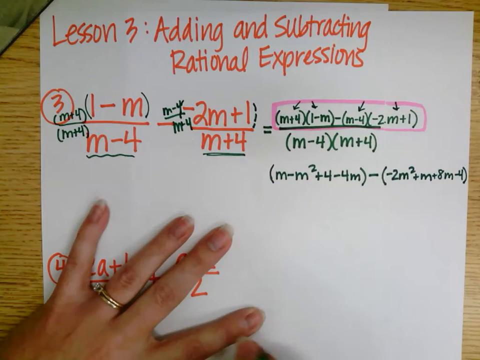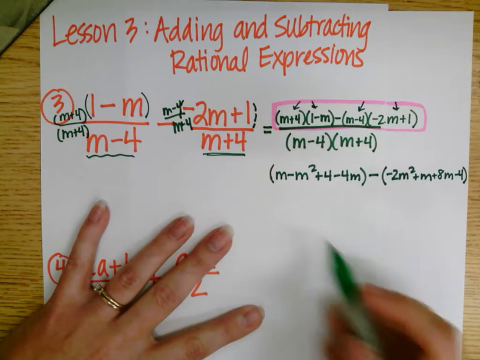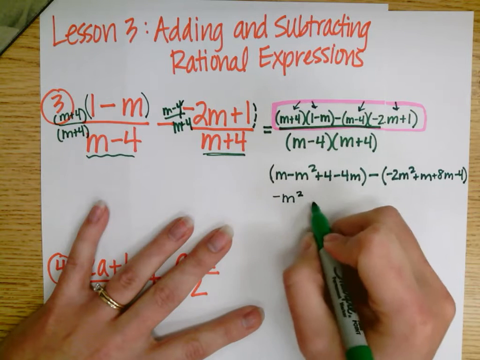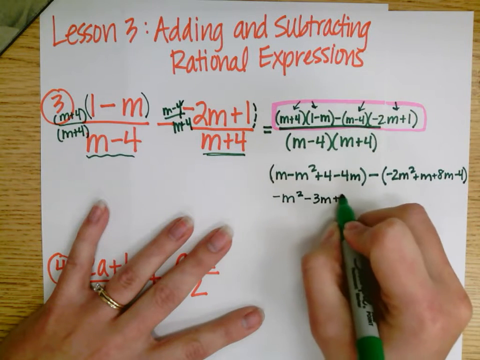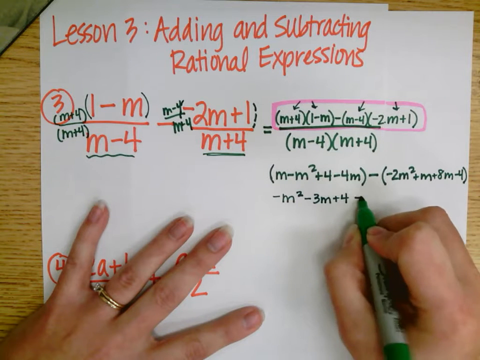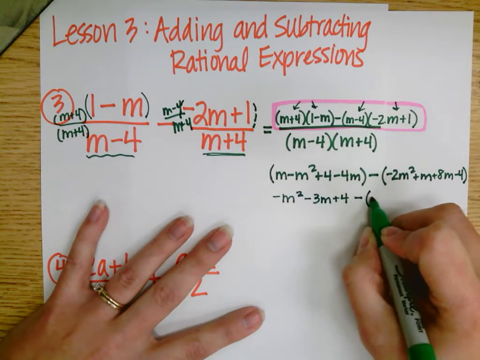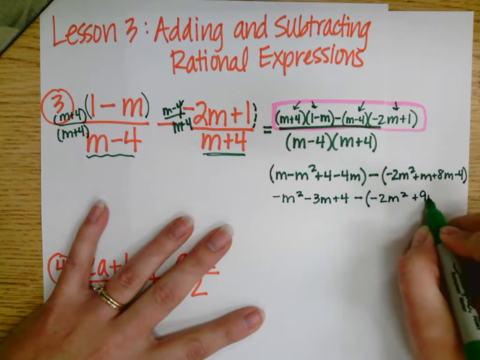That's just practicing our multiplying binomials. I'm going to clean this up, combine like terms, and get it in standard form. M minus 4m is minus 3m plus 4, minus, and I'm going to keep this in parentheses, negative 2m squared plus 9m minus 4.